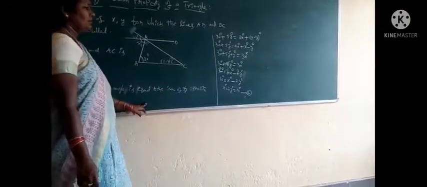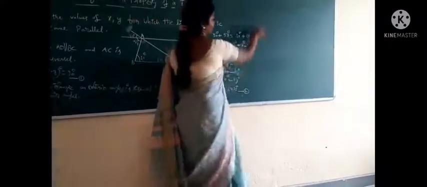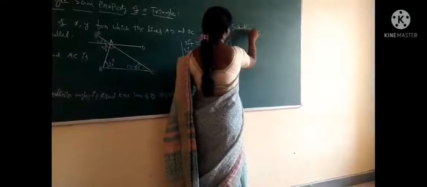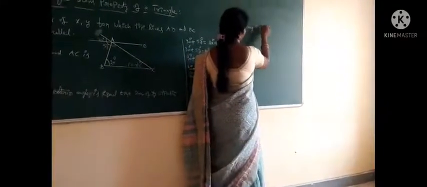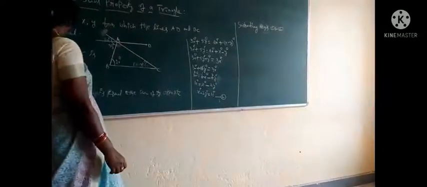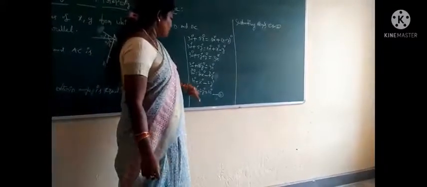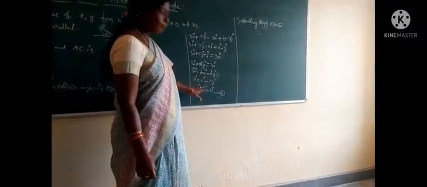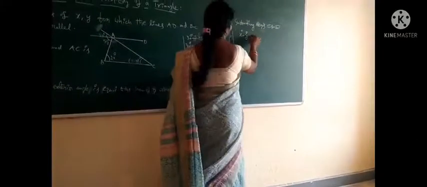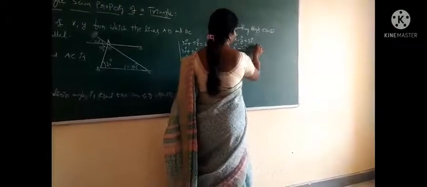Subtracting equation 2 from equation 1. So, x degrees minus y degrees is equal to 30 degrees. x degrees minus 2y degrees is equal to 10 degrees.